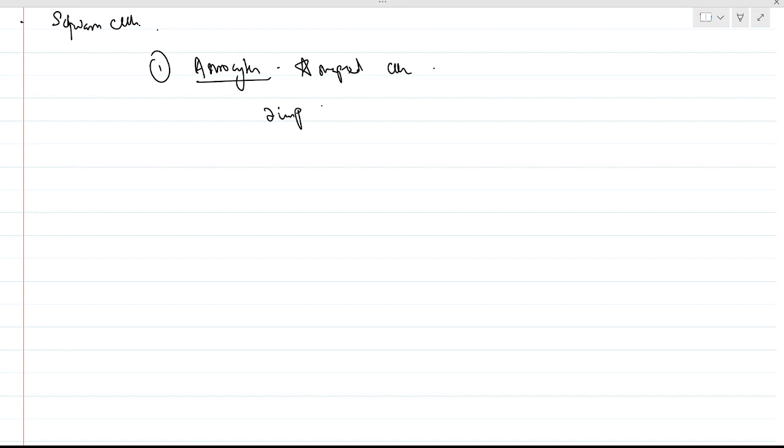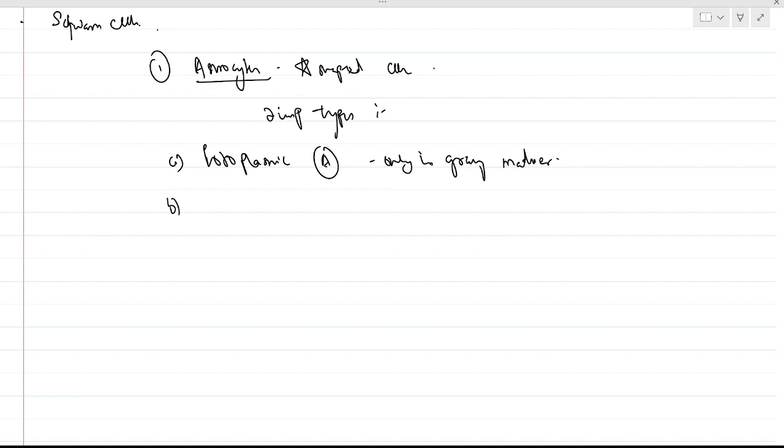First we have astrocytes. These are the star-shaped cells in our central nervous system. These are also of two important types. First is the protoplasmic astrocyte, present only in gray matter.